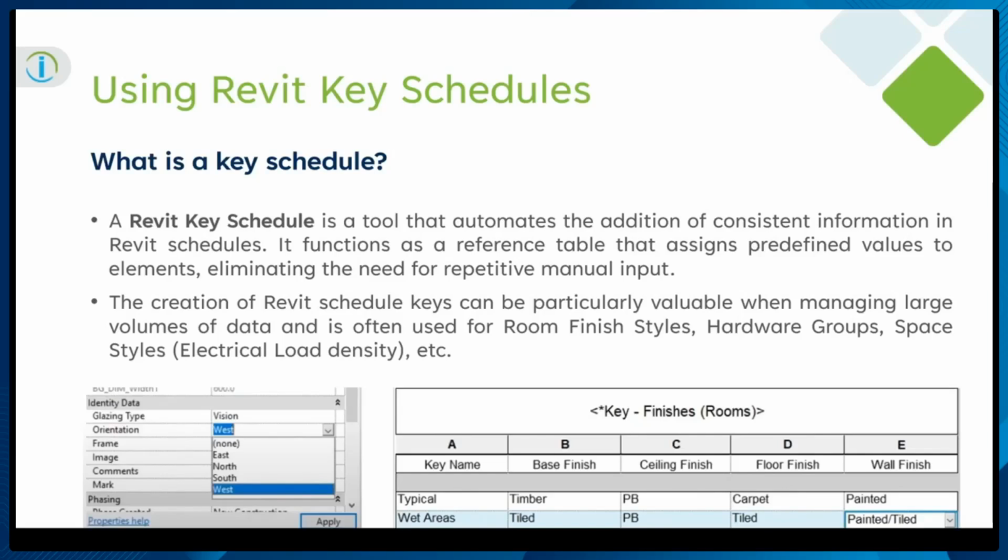With this example, rather than manually filling out a different finish value for every single room, if these room finishes are repetitive, we can actually use a wet areas room type instead of creating that manually.